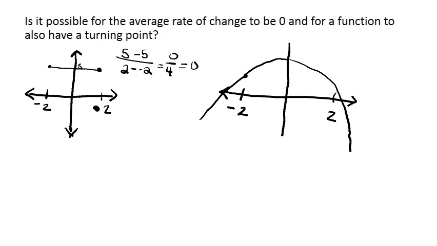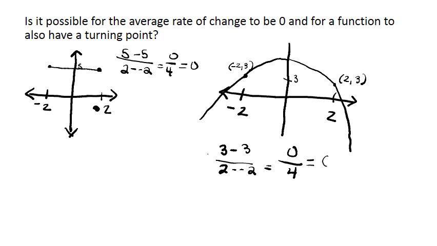Okay, and so if this value and this value are the same, say these are both 3, then if I were to do the rate of change or the slope formula between the points negative 2, 3 and 2, 3, well, what happens? We would get 3 minus 3 over 2 minus negative 2, and that is 0 over 4. Okay, and so 0 divided by 4 equals 0.